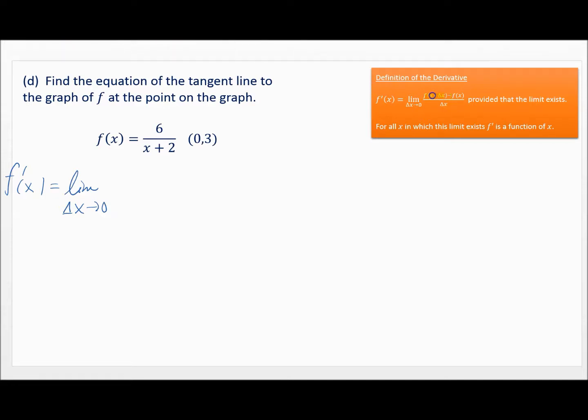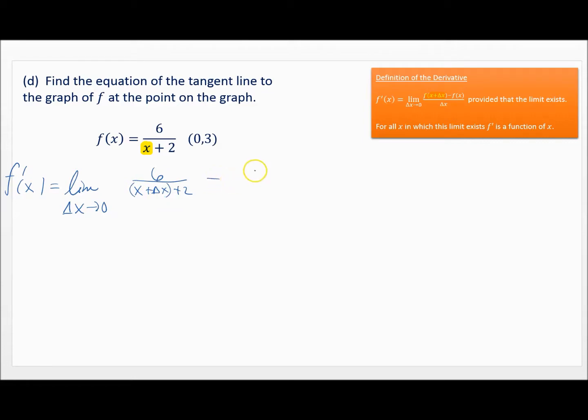So notice this is the part that I'm talking about over here in the definition, x plus delta x, and that's going to go right here in just that part. So this is going to be 6 over x plus delta x plus 2. So it's like I replaced x with x plus delta x, minus f of x.